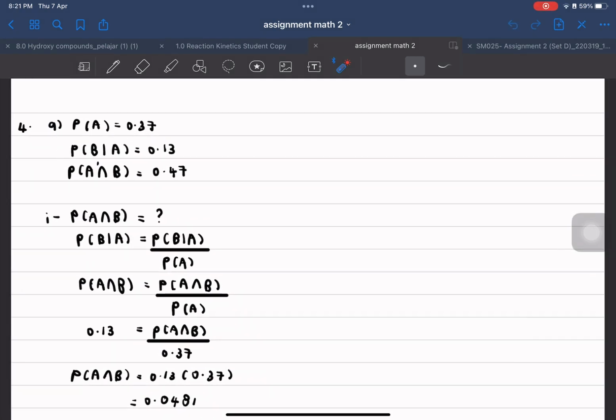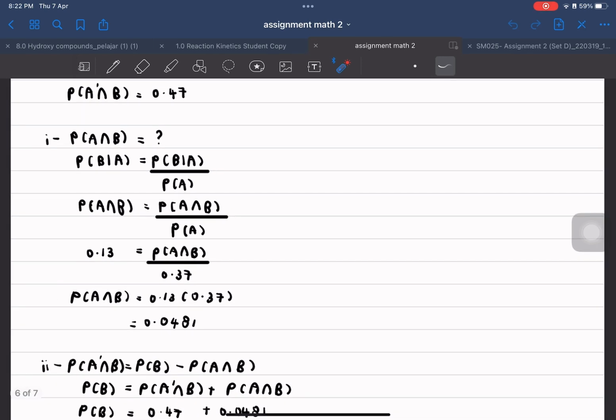Next is question 4. First, we must list down all the information given, which is probability A equal to 0.37, probability B given A equal to 0.13, and probability A prime intersect B equal to 0.47.